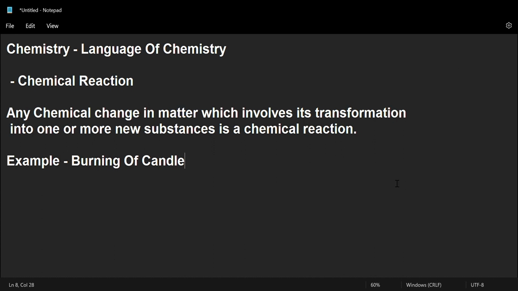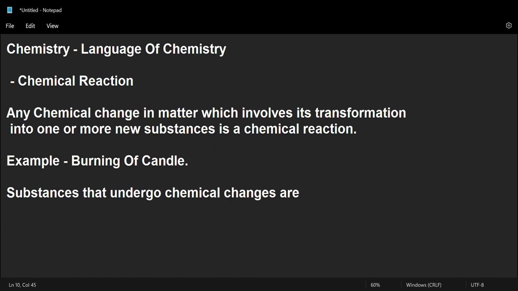So now, what are reactants and what are products? Reactants are the substances that undergo chemical changes. Substances that undergo chemical changes are called reactants. And products, what are products?